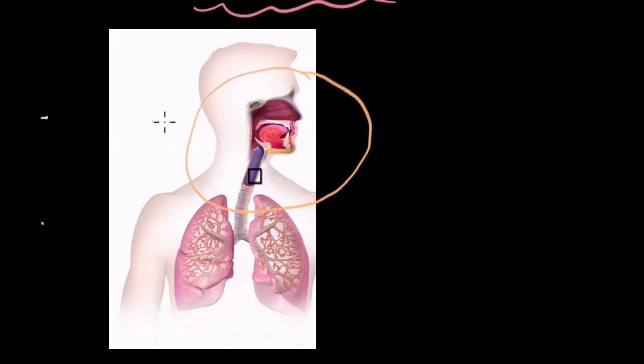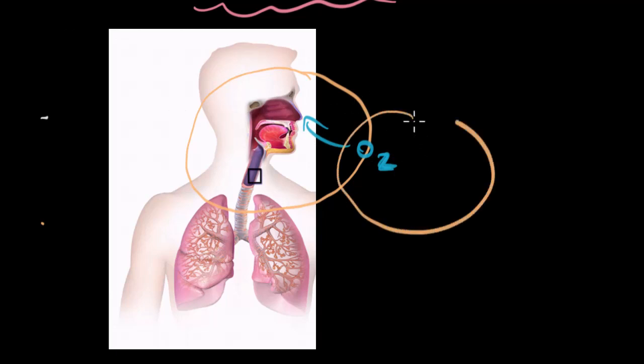If you think about it, the main function of the respiratory system as a whole is to take in oxygen and exchange it for carbon dioxide while using it to generate energy, right? The challenge the respiratory system has is that what you're actually breathing in is not just oxygen.